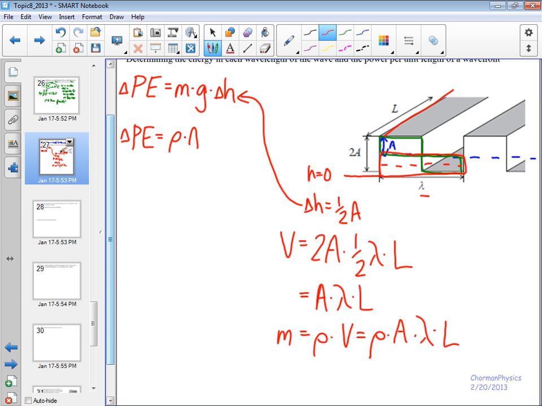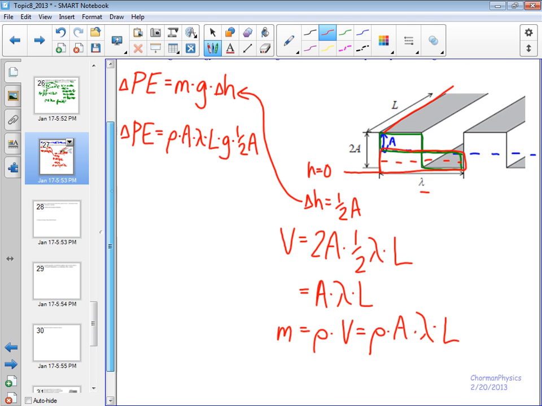Actually, here, we write it like this: rho times A times lambda times L, times g times 1/2 A. That's the whole thing, substituting in for mass and for delta H.